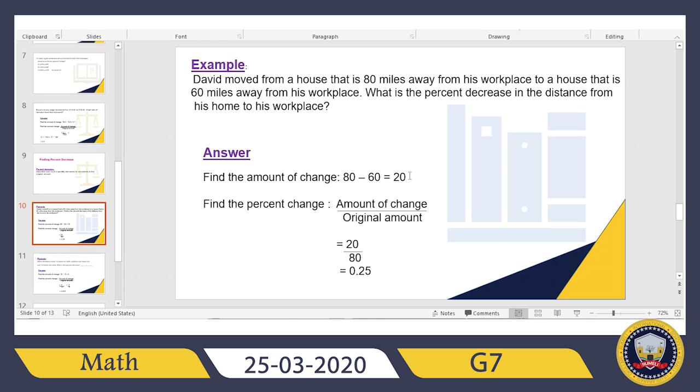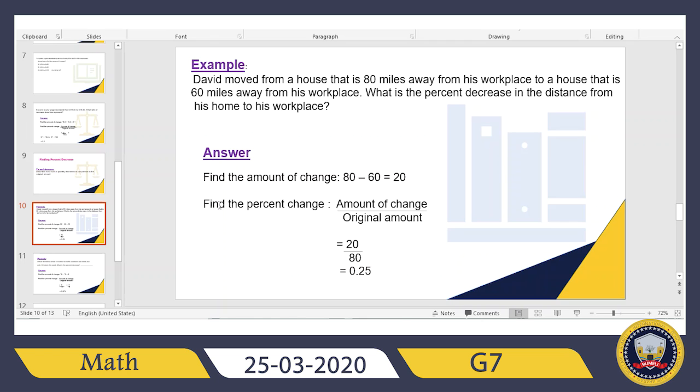This 20 I have to divide by the original amount, which is 80 miles. يعني as if I'm saying 20 divided by 80, I will take away the zeros, then I will divide 2 by 8. 2 by 8 will give me 1 over 4 after simplification by 2, both numerator and denominator. If I change 1 over 4 into a decimal by long division, it will give me 0.25.